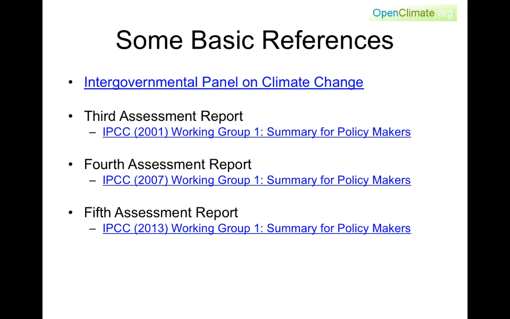There are two reasons I'm going to look at essentially the same type of plot in three assessment reports. One is because the same sort of form and the same sort of information is present in all of them, though with different details, perhaps different clarity about how the uncertainties are represented.